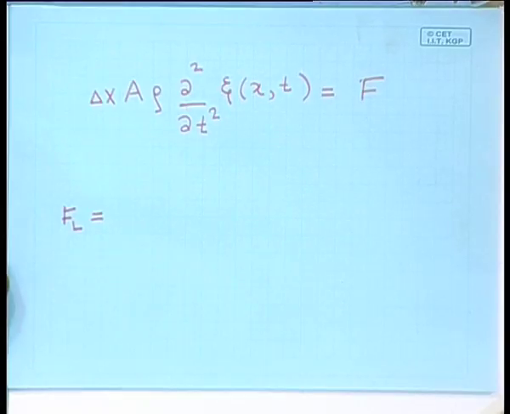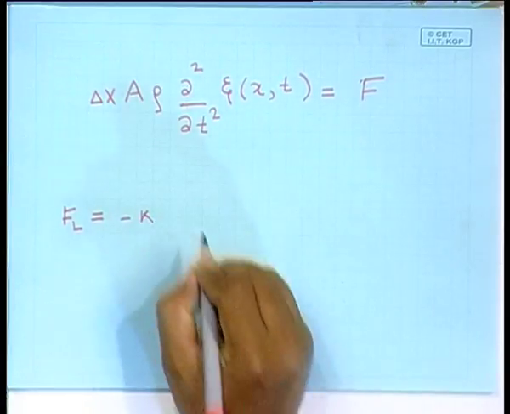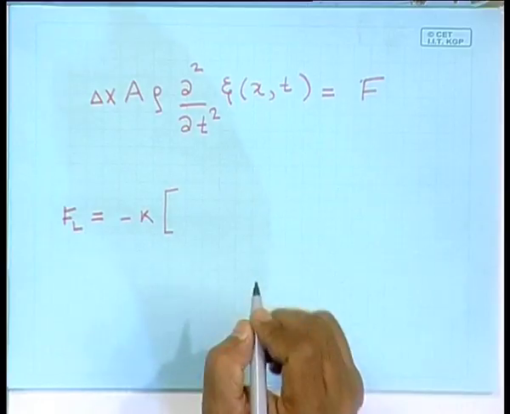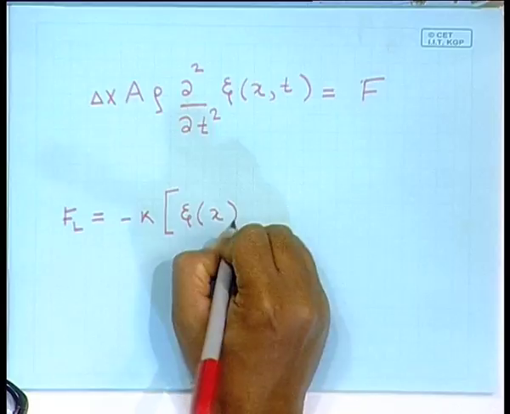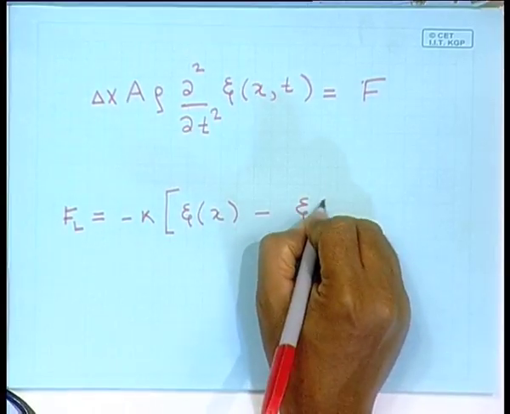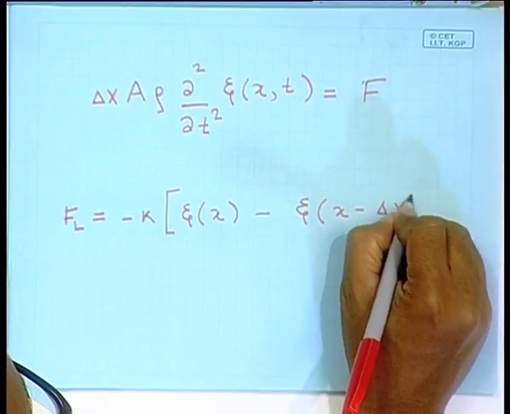The original length is delta x, and the change in the length is the difference between this and this. So, the force is going to be minus k into xi of x minus xi of x minus delta x.